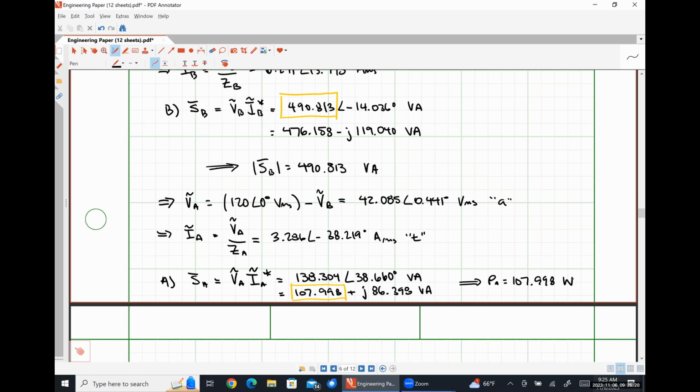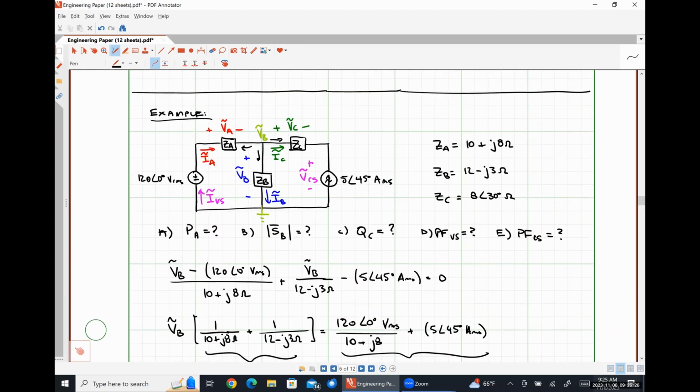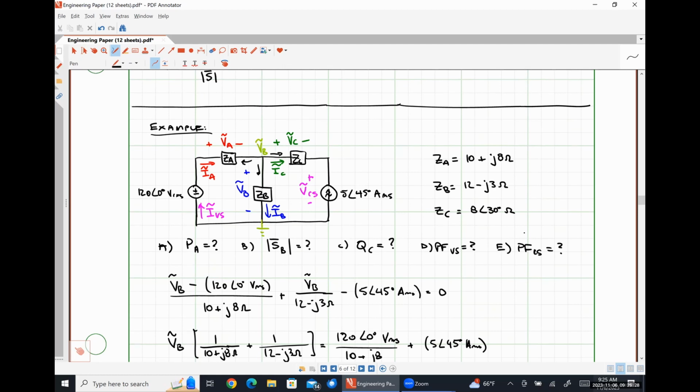I just need the current. Right. So I know that those two elements are in series. So whatever current is being supplied by that source has to be flowing through that element. So I did it that way in order to eliminate having to find a nodal voltage here.